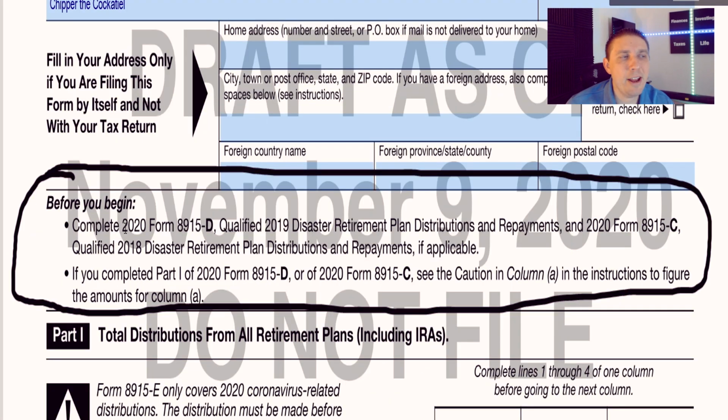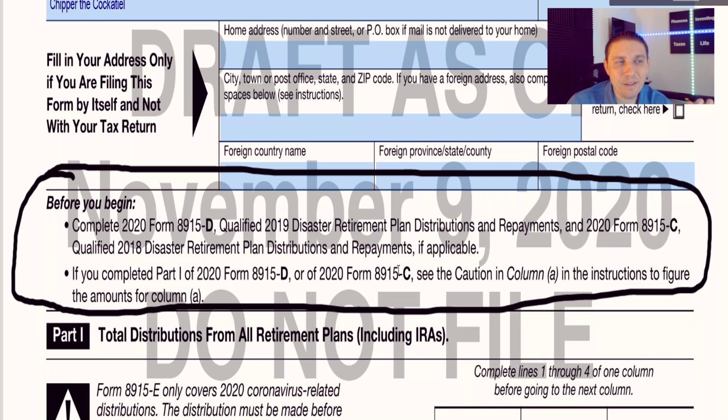This area says before you begin, the Form 8915-D and Form 8915-C relate to previous year disaster distributions. In other words, it relates to an entirely other circumstance that occurred in a previous year, and those qualified disasters would have been determined for 2018 and 2019.